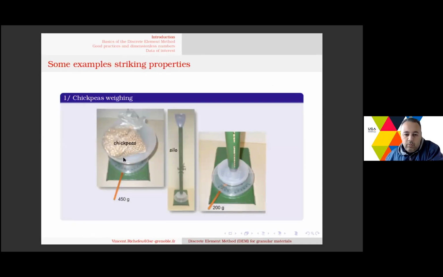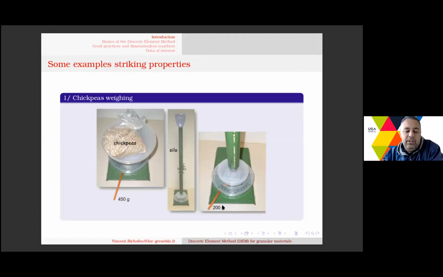In this example, we weigh some grains, chickpeas, with a weighing machine, and we find this weight. Then we try to do the same, but this time we use a tube, which is fixed. Below the tube, we have the weighing machine, but without contact anywhere. We put this quantity of grains inside the tube, and the weight becomes that.